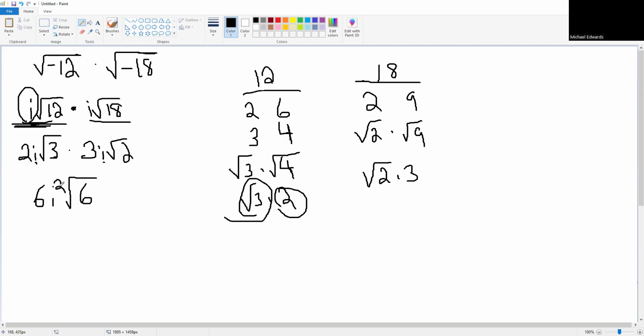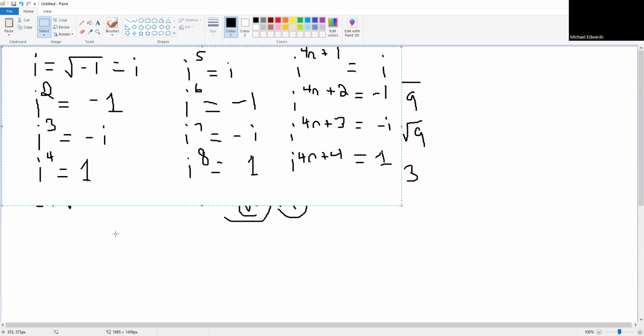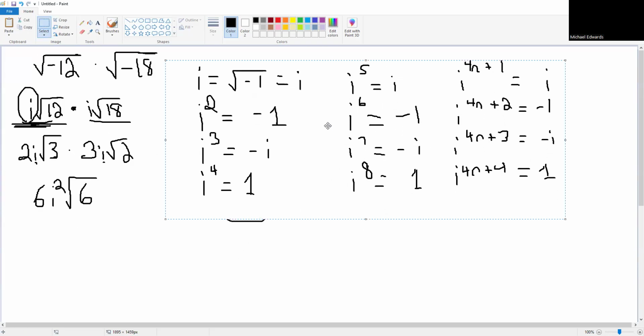Now, we have a rule about this i squared. What's that rule? That rule is i squared equals -1. So if i squared equals -1, we could just write this as -6 square root of 6. And that is our solution.